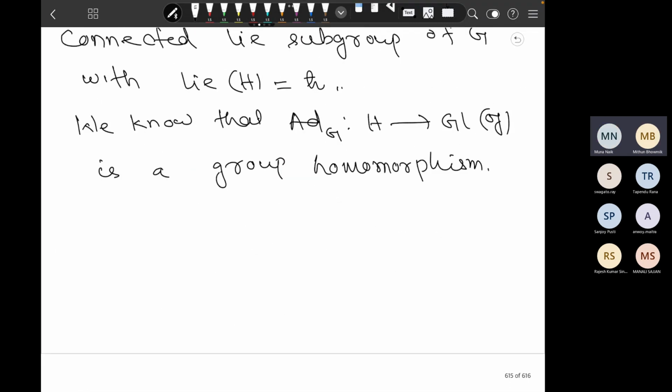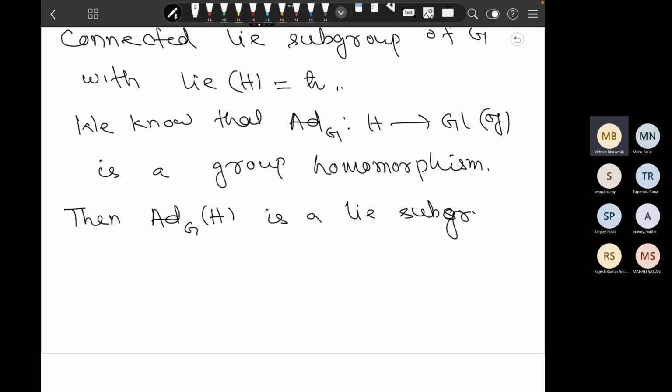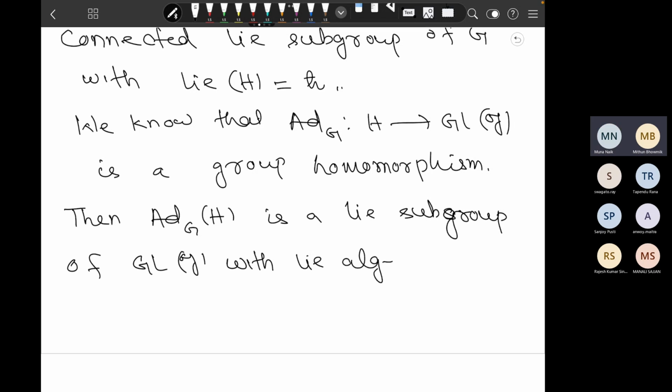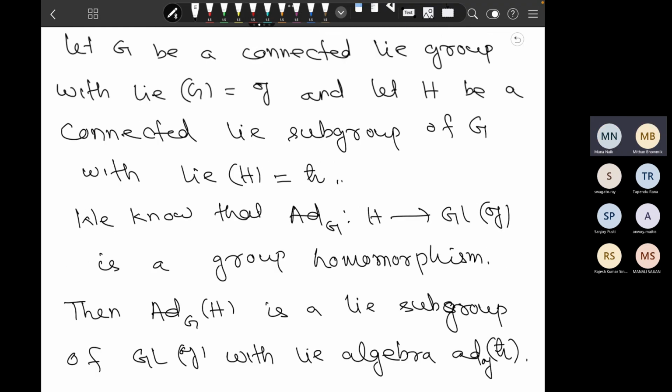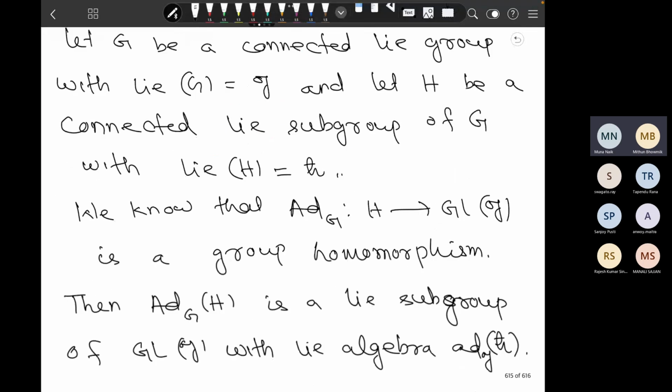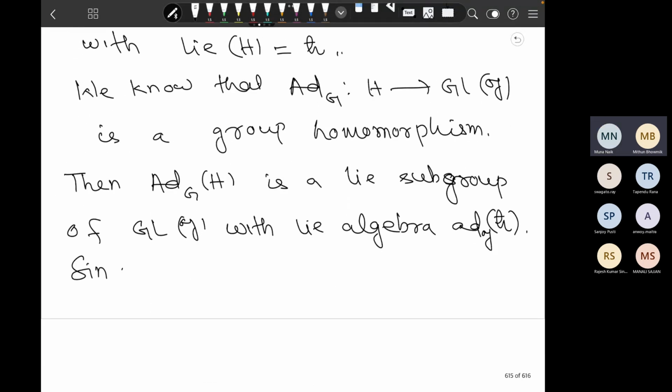Ad is a group homomorphism, and the derivative of capital Ad is small ad. So Ad(H) is a Lie subgroup of GL(𝔤) with Lie algebra ad(𝔥). Since G is connected and H is connected, Ad(H) is connected.